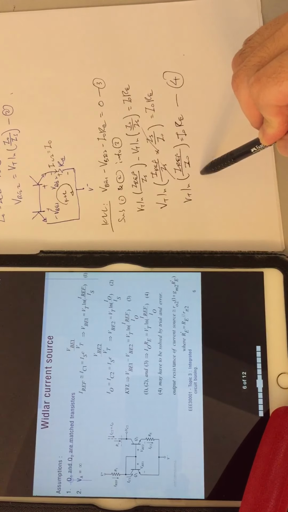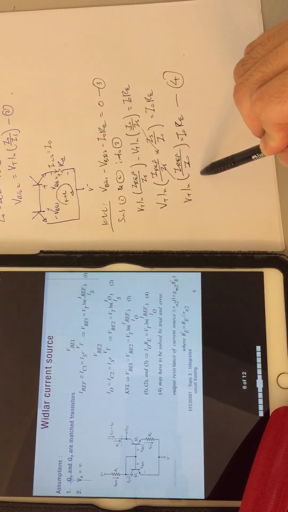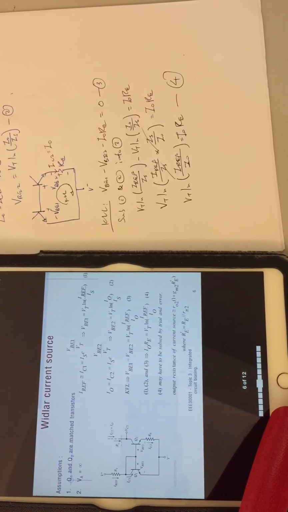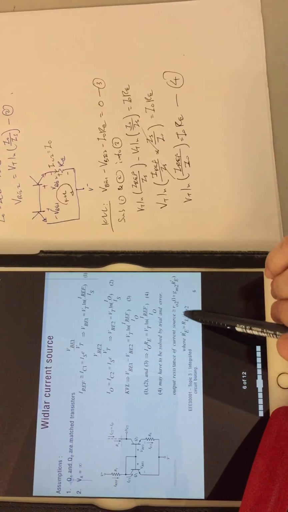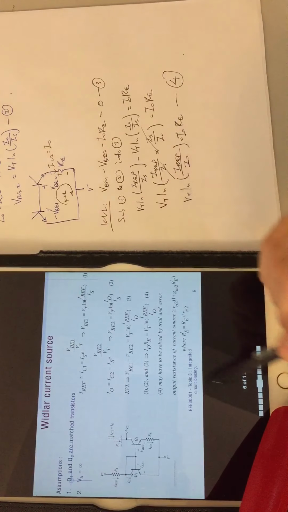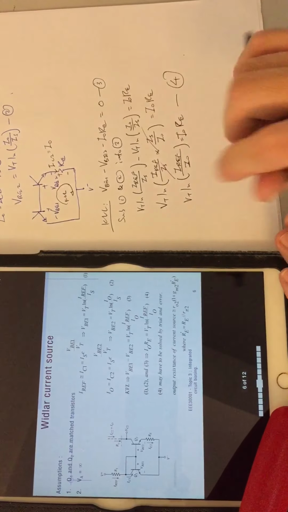We'll look at that in the next example. The output resistance of the current source is approximately equal to RO2 multiplied by 1 plus gm2 multiplied by the resistance seen at the emitter of transistor Q2. Okay, so we don't have to worry much about the output resistance.